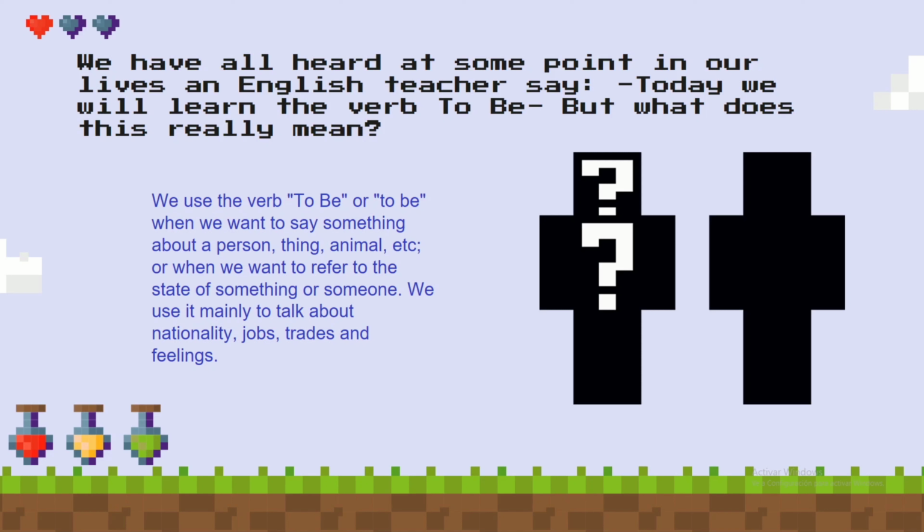We use the verb to be when we want to say something about a person, an animal, etc. Or when we want to reference the state of something or someone. We use it to talk about nationalities, jobs, traits, and feelings.